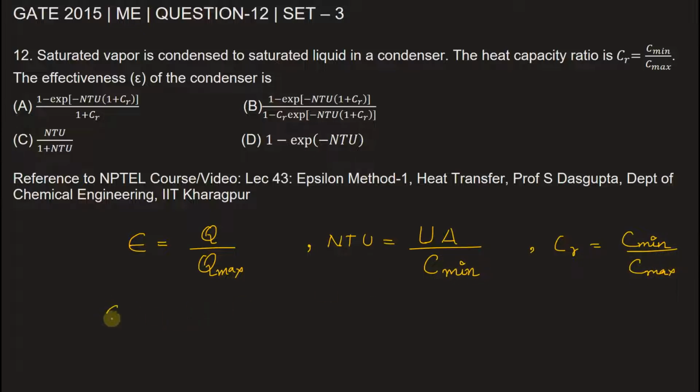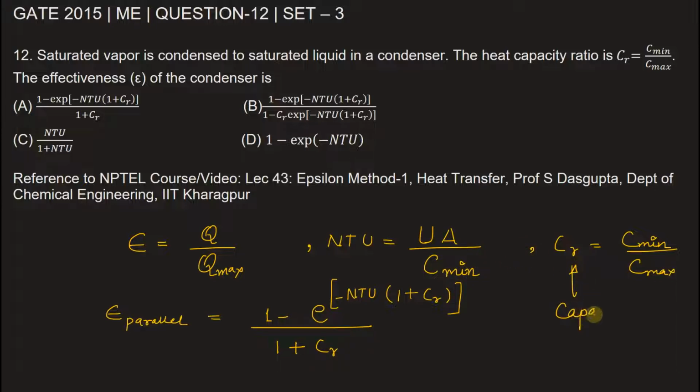Now the effectiveness of a parallel flow heat exchanger is given by, so let's write epsilon parallel. This is given by 1 minus e to the power of negative NTU multiplied by 1 plus CR, divided by 1 plus CR, where CR is the heat capacity ratio.